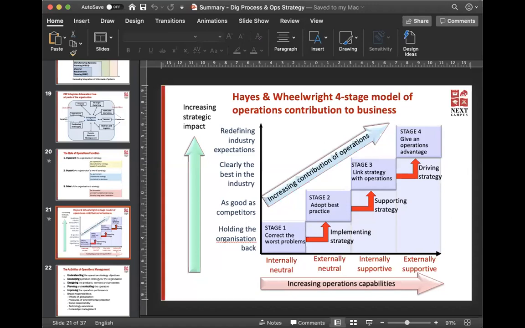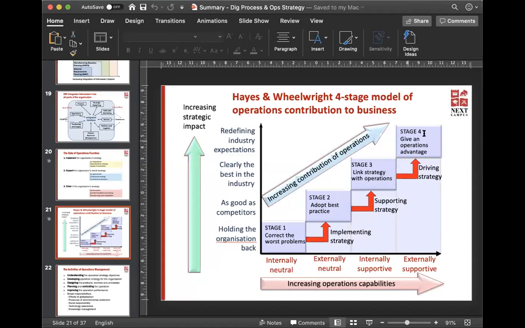Yes. So this is the Hayes and Wheelwright four-stage model of operations' contribution to the business strategy. If you really look at it, the first stage is internally neutral. You are correcting the worst problems. Then you adopt the best practices. Then you link your operations with your business strategy.